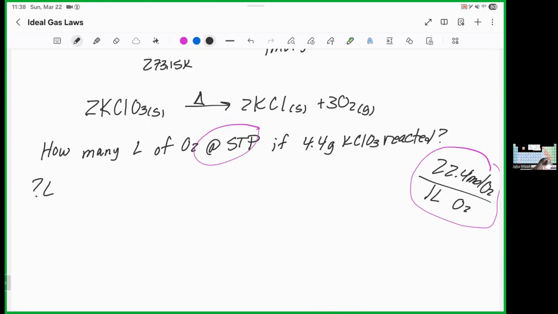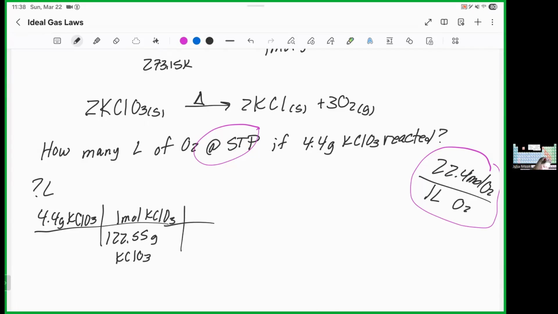So I'm going to start with my 4.4 grams of the potassium chlorate, with the same molar mass, 122.55 grams per 1 mole. But we want oxygen gas, so we use our mole ratio: 2 moles of the potassium chlorate to 3 moles of oxygen.